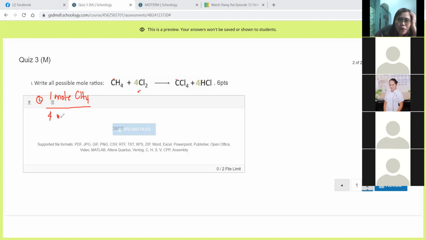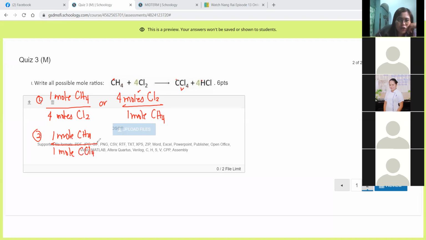So 4 moles of the chlorine. Okay, or the reverse of that. You can flip it. Next. So 4, here we go to CH4, let's finish methane. So again, 1 mole of CH4 is needed to produce this time the carbon tetrachloride, 1 mole also of carbon tetrachloride, or the reverse of that.